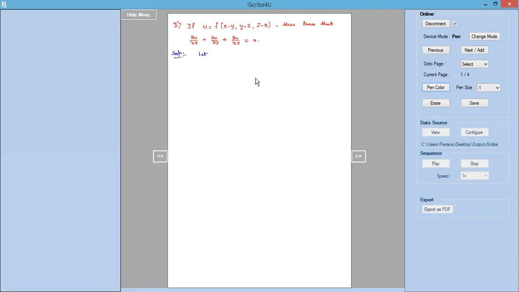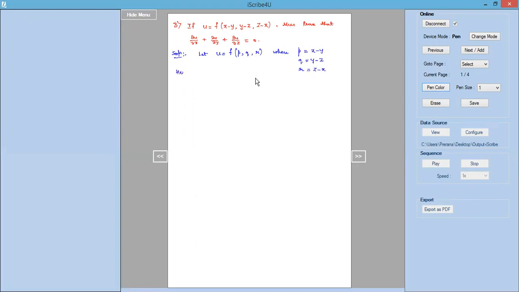Let u be a function of p, q, r, where we assumed p as x minus y, q is equal to y minus z, r is equal to z minus x.